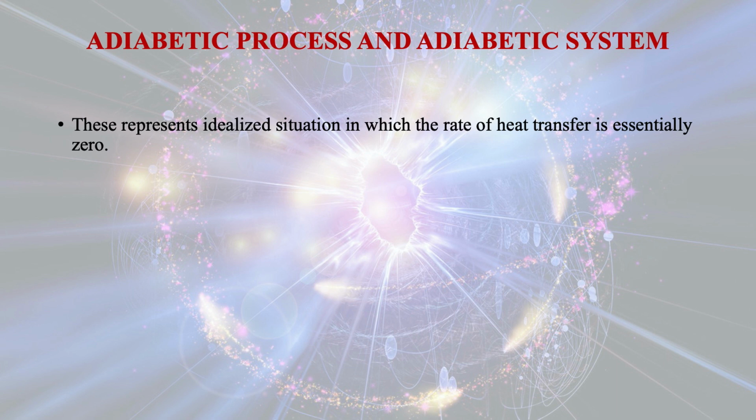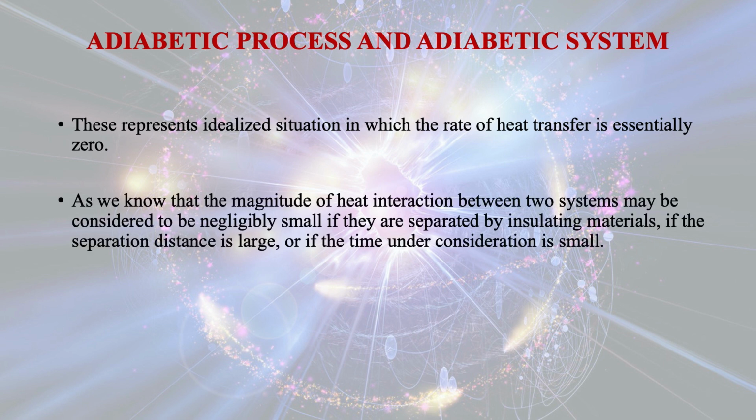Now, adiabatic process and adiabatic system. So this represents an idealized situation in which the rate of heat transfer is essentially zero. As we know, the magnitude of heat interactions between two systems may be considered to be negligibly small if they are separated by insulating materials, if the separation distance is large, or if the time under consideration is small.